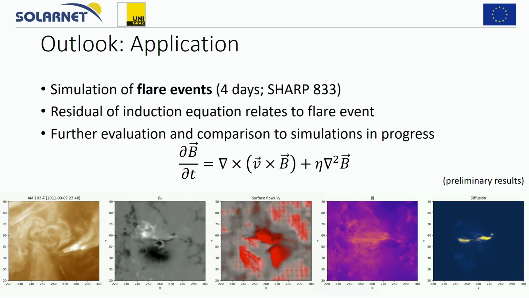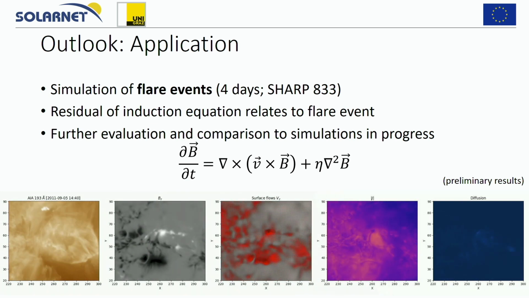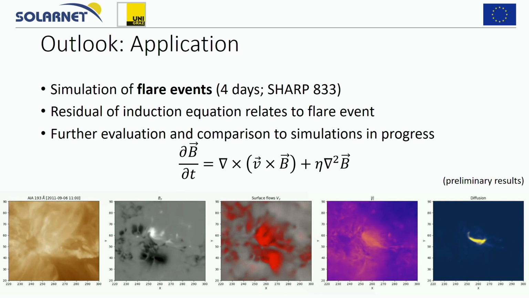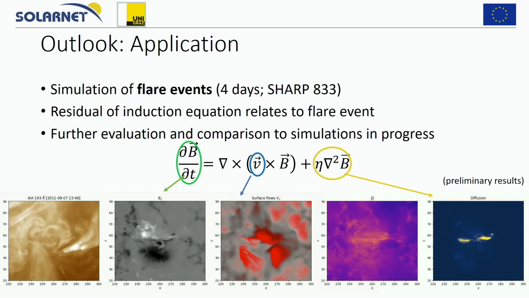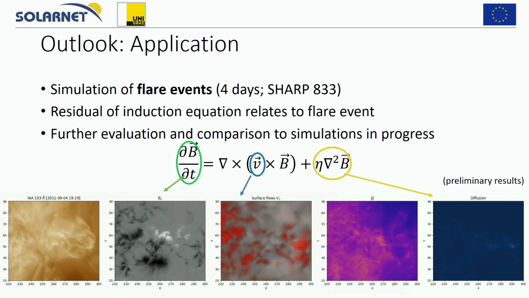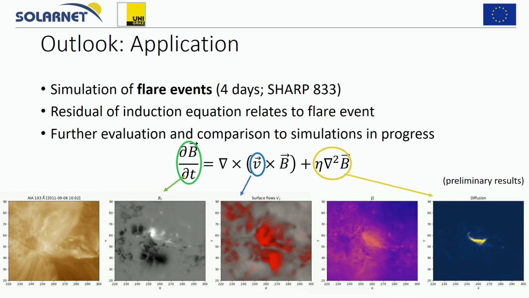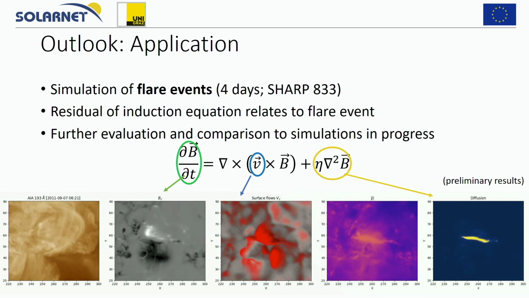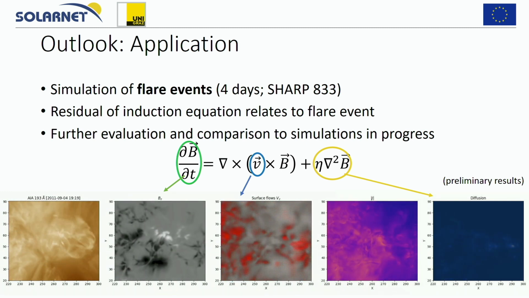And the most important thing here, and maybe the most interesting thing here, is what is labeled here as diffusion, which is the residual of the induction equation. So this corresponds to this part. We are not optimizing for this, but where we have deviations from the induction equation is basically where we expect that the ideal induction equation breaks and that we have magnetic diffusion.